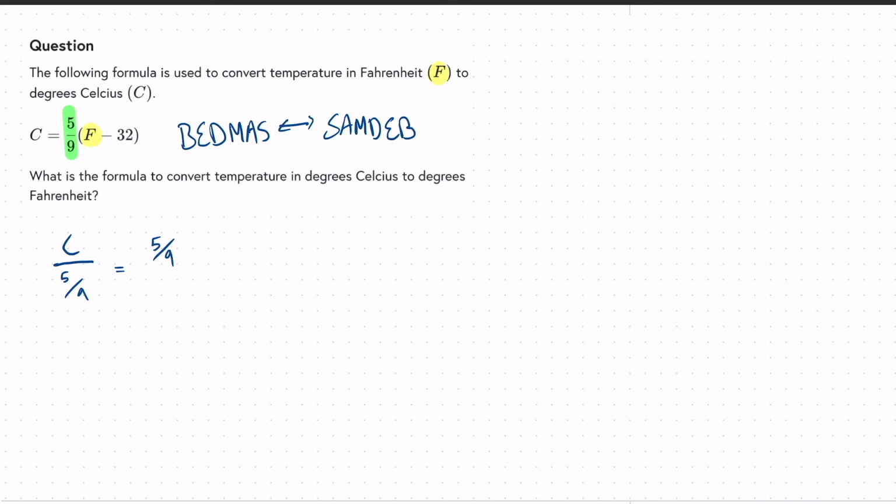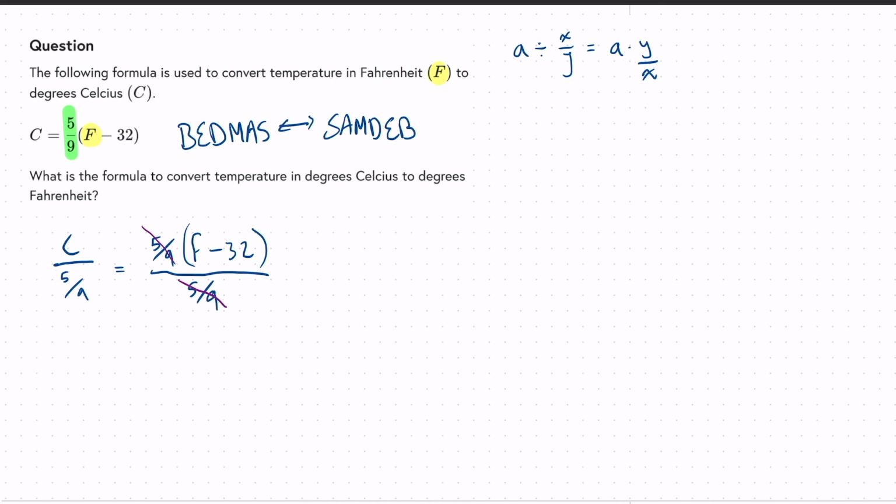I'm going to put this up the top so you can see it. Yep, now this cancels out. 5/9 goes into 5/9 once. And I'm going to simplify the left-hand side because I know if I divide by a fraction, so if I've got, let's do this at the top up here, A divided by x over y, that's equal to A times y over x.